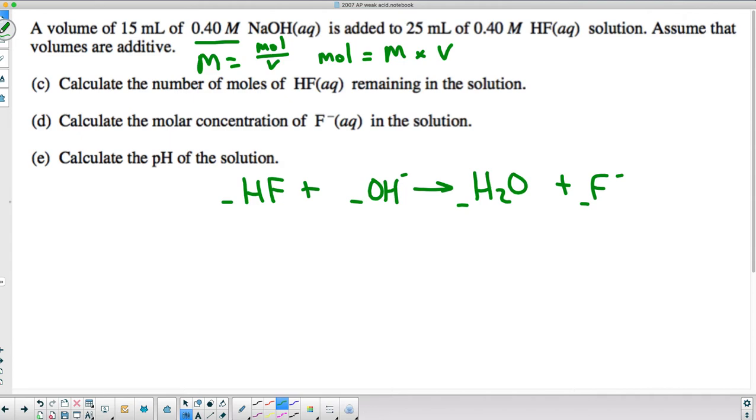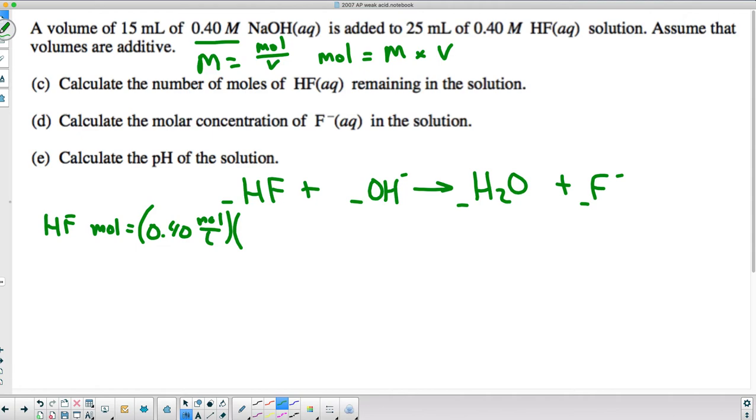Now here's the one problem with this. When I multiply, let's do this for HF. For the number of moles, I'm going to multiply 0.4 like that. You guys know that molarity is moles per liter, and if it's moles per liter, then I have to change, obviously, the milliliters to liters.